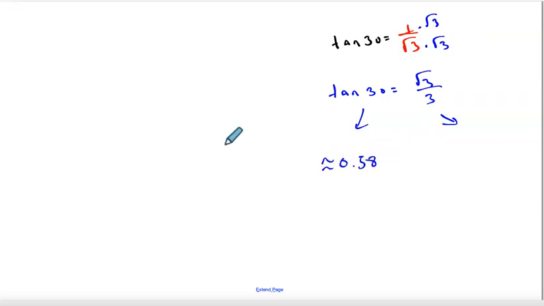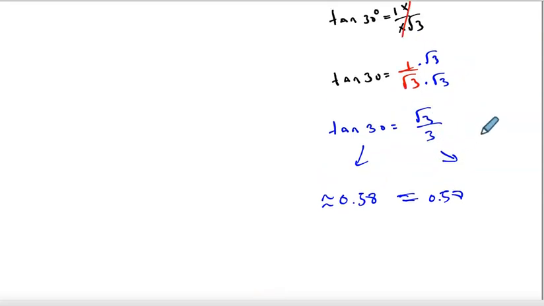So 0.57735, blah, blah, blah. And then just to confirm that I did this correctly, when I put in the square root of 3 divided by 3 in my calculator, I get the same approximation of 0.58. So that is correct. Okay, so the tangent of 30 degrees is 0.58, which is similar to the ratio of this radical 3 over 3.